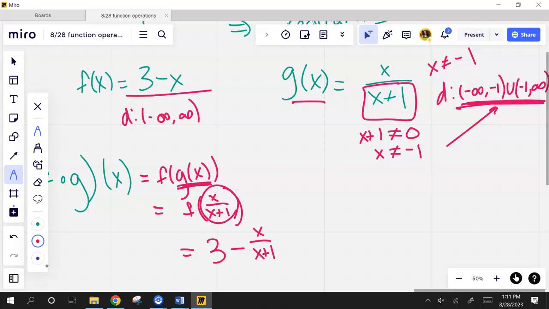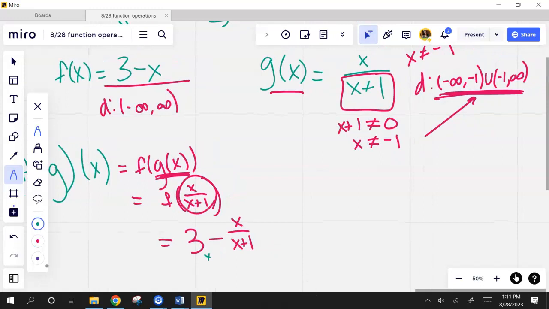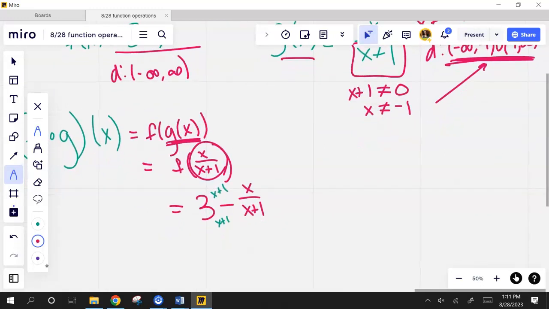Then you would find a common denominator, right? Remember that we did with the rational functions? x plus 1, x plus 1. So this would be 3 times x plus 1 minus x over x plus 1.